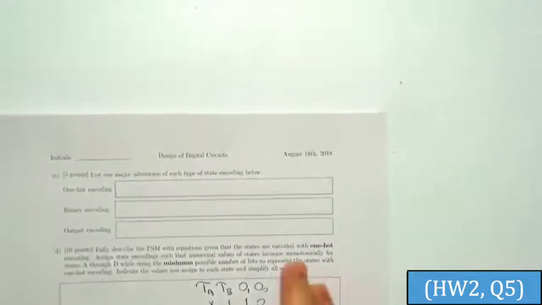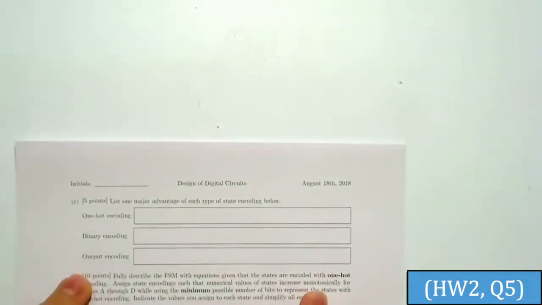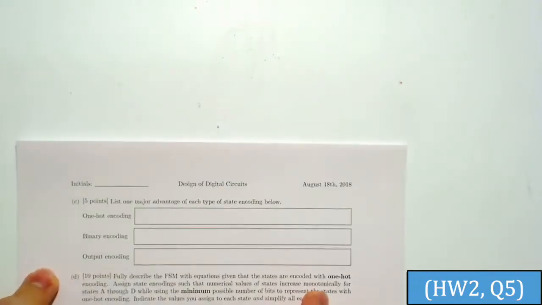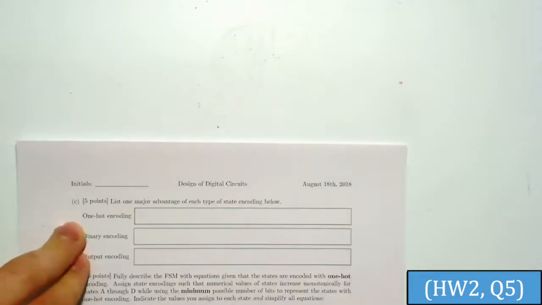All right. So for the C, it says to list one major advantage of each type of state encoding below. For one-hot encoding, our aim is to reduce the next state logic wires, right? So for the one-hot, we basically try to represent each next state logic, hopefully ideally with a single bit.